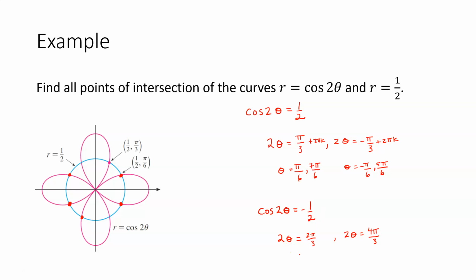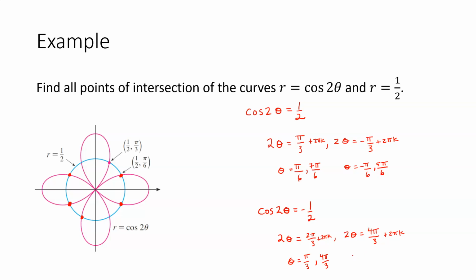So here, if I now solve for theta, we get theta is pi over 3. And then, because we can add 2 pi k to get another solution, we can add pi to this, because when I divide by 2, we're adding multiples of pi, and get another one, which would be 4 pi over 3. And then here, I can do the same thing.